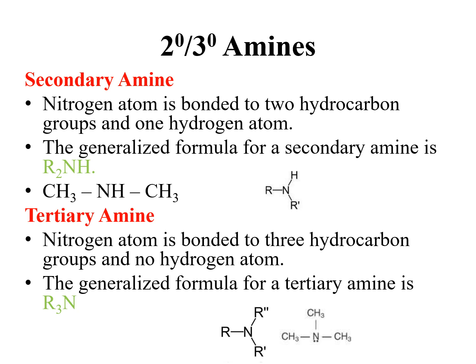Now we come towards the third class of amines, that is tertiary amines, in which the nitrogen atom is bonded to three hydrocarbon groups and no hydrogen atom. The generalized formula of a tertiary amine is R3N, and we can see in the open structure that all of the bonds of nitrogen are to different or similar alkyl groups.